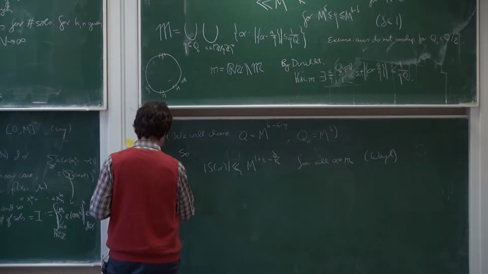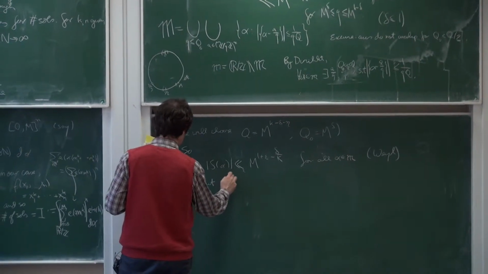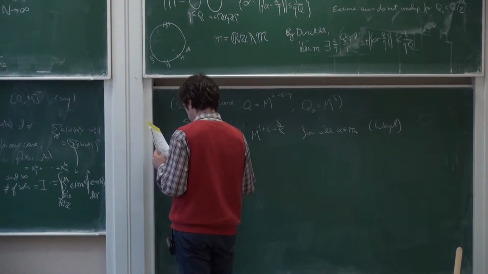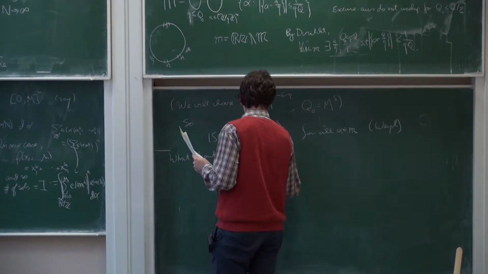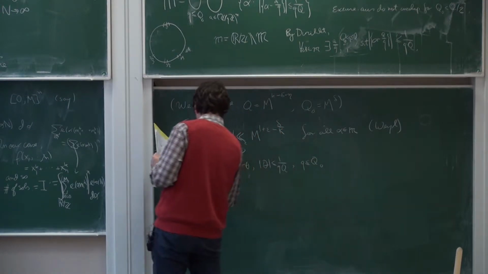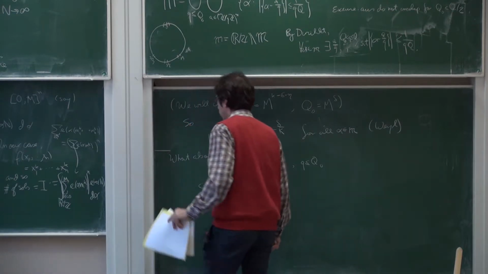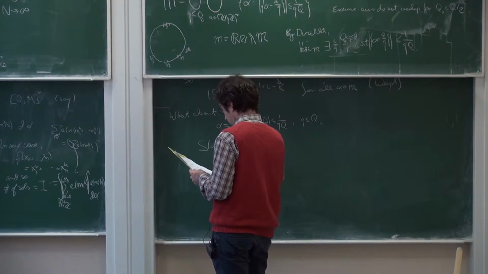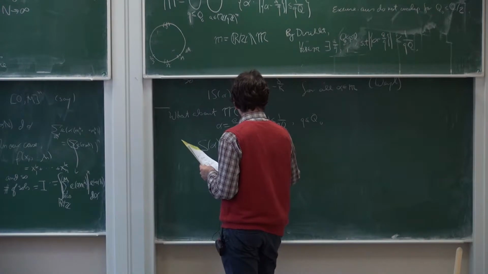So what about the major arcs? We have, of course, alpha equal to a over q plus theta. Now S of alpha, we can split by congruence classes. This is a little crude, but it's harmless. Sum over b mod q of e(a over q times b to the k).